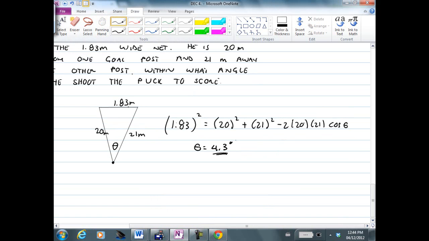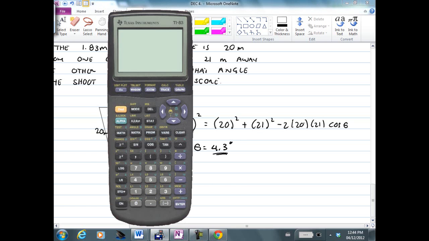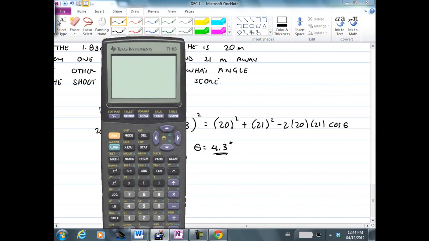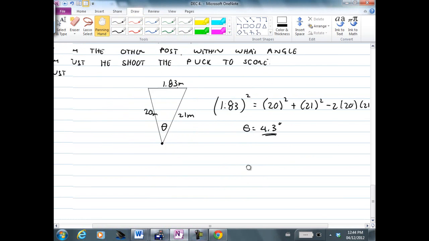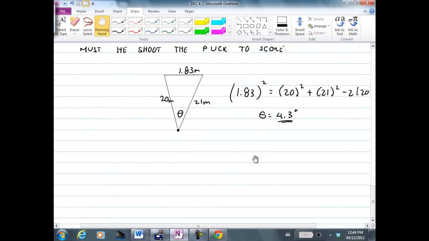Roughly 4.3, 4.2, around there. 4.3. That is how I turn word problems into shapes and finally solve it. Yeah, it's pretty easy.